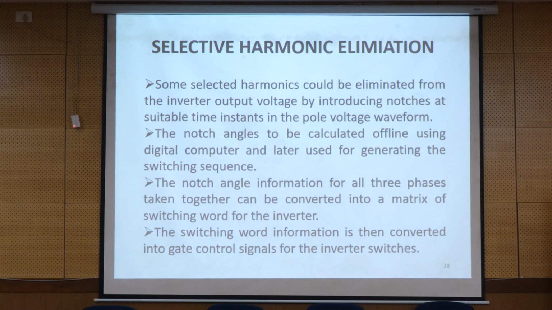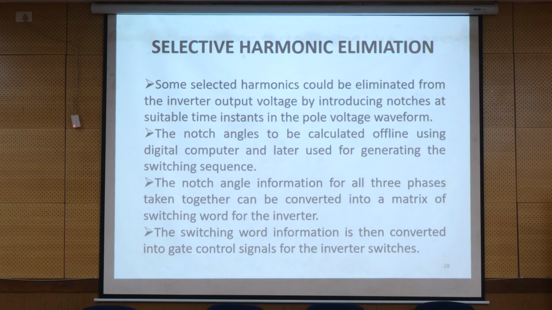The algorithms are developed using Newton iteration methods, or the Newton-Raphson method. That information is given to your inverter, which calculates the notching angles that are applied to your inverter module, so that the specific harmonic content can be eliminated.